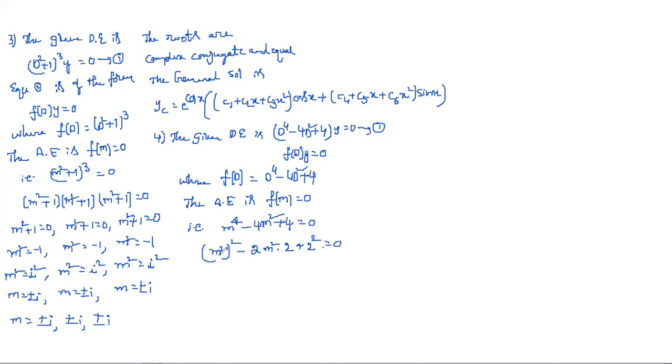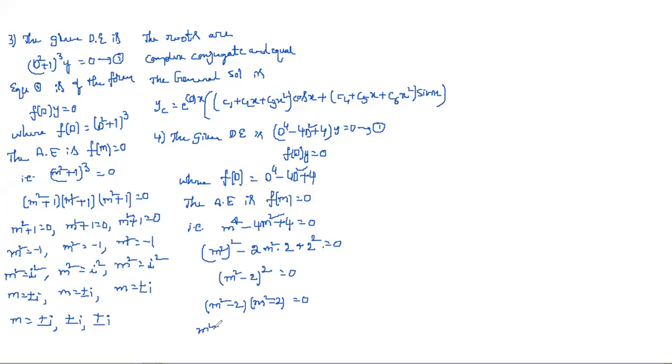See, m power 4 is nothing but m square whole square, and 4m square I wrote as 2 into m square into 2, plus 2 square is equal to 0. So this is a square minus 2ab plus b square. Simply we can write m square minus 2 whole square is equal to 0. So m square minus 2 into m square minus 2 is equal to 0.